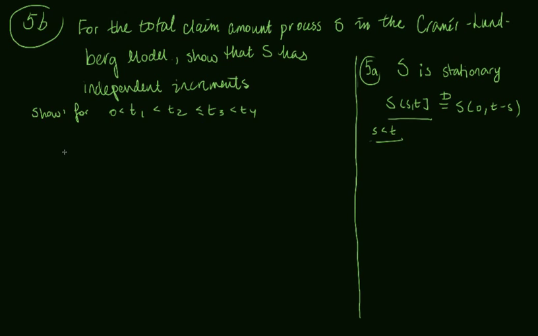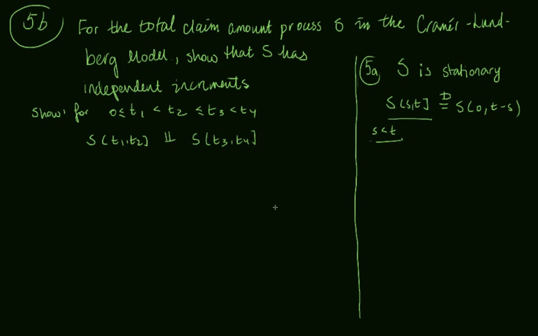Well, t1 can be 0. What we want to show is that the increment from time t1 to t2 in total claim amount is independent from the increment from time t3 to t4 in total claim amount.